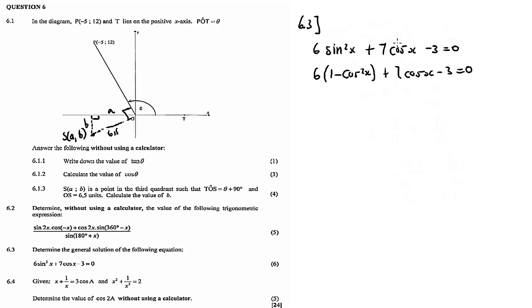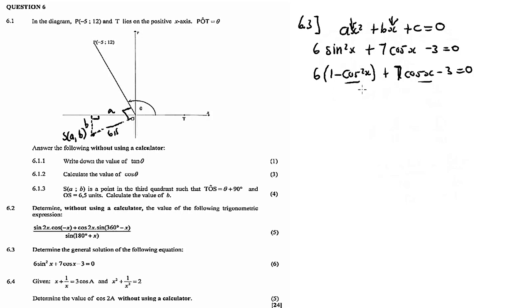So that I have one variable. The standard form of a quadratic equation is ax squared plus bx plus c equal to 0. Here we have x squared and x, but in the equation we have sine squared and cos x, so something is wrong. That's why I changed the sine to this identity, so that my equation becomes uniform, with one common variable, cos squared x and cos x, in standard form.